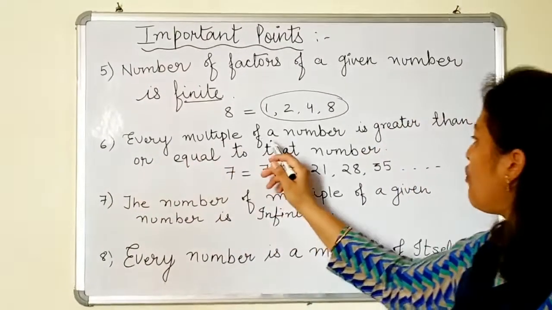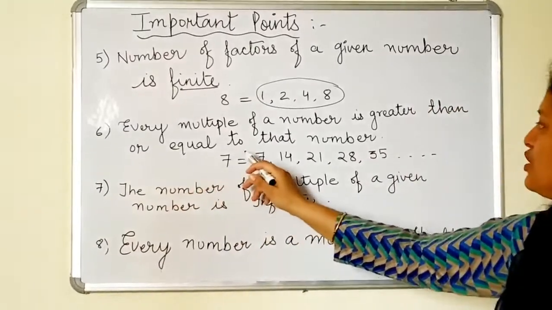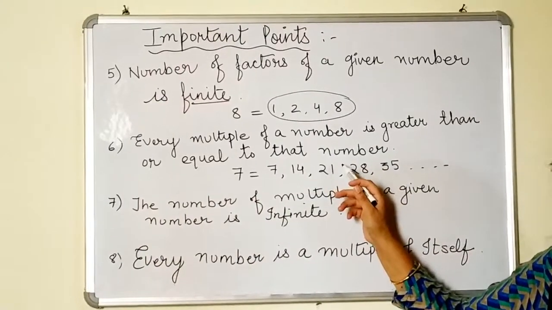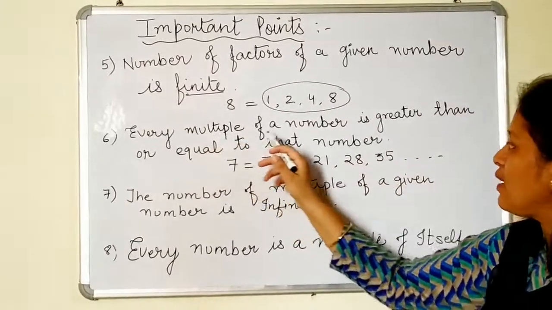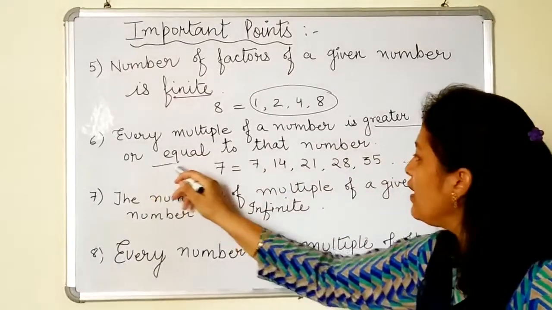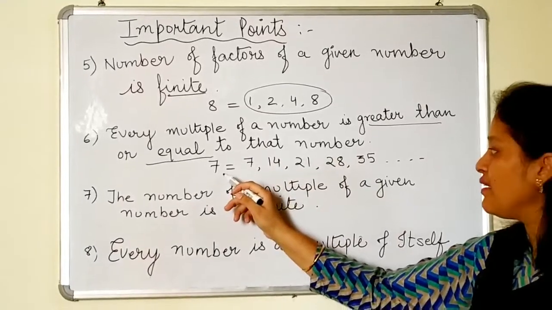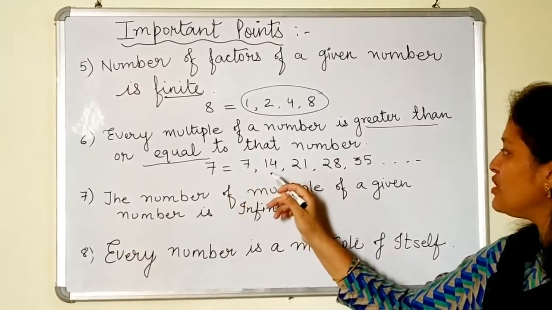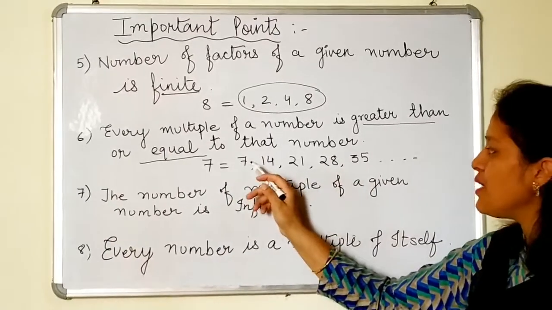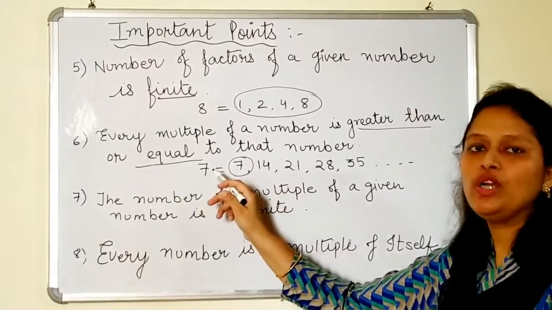Now, come to the sixth point. Every multiple of a number is greater than or equal to that number. What does the sixth point state? Every multiple of a number is greater than or equal to that number. The multiples of 7 are written over here: 7, 14, 21, 28, 35. The first multiple of 7 is 7. It is equal to 7.